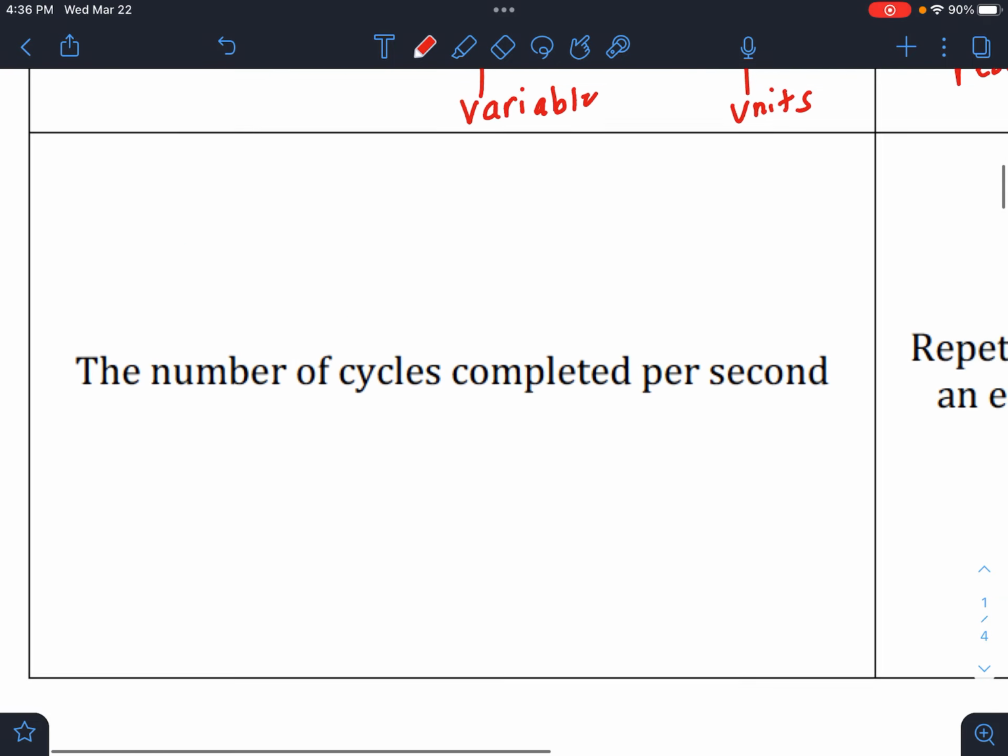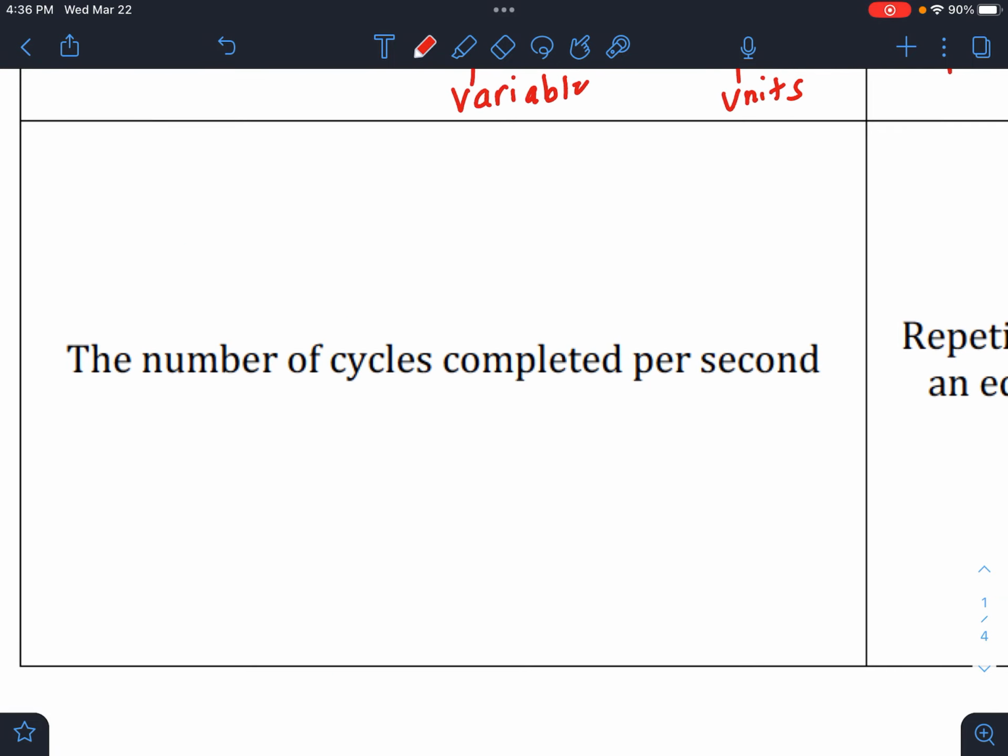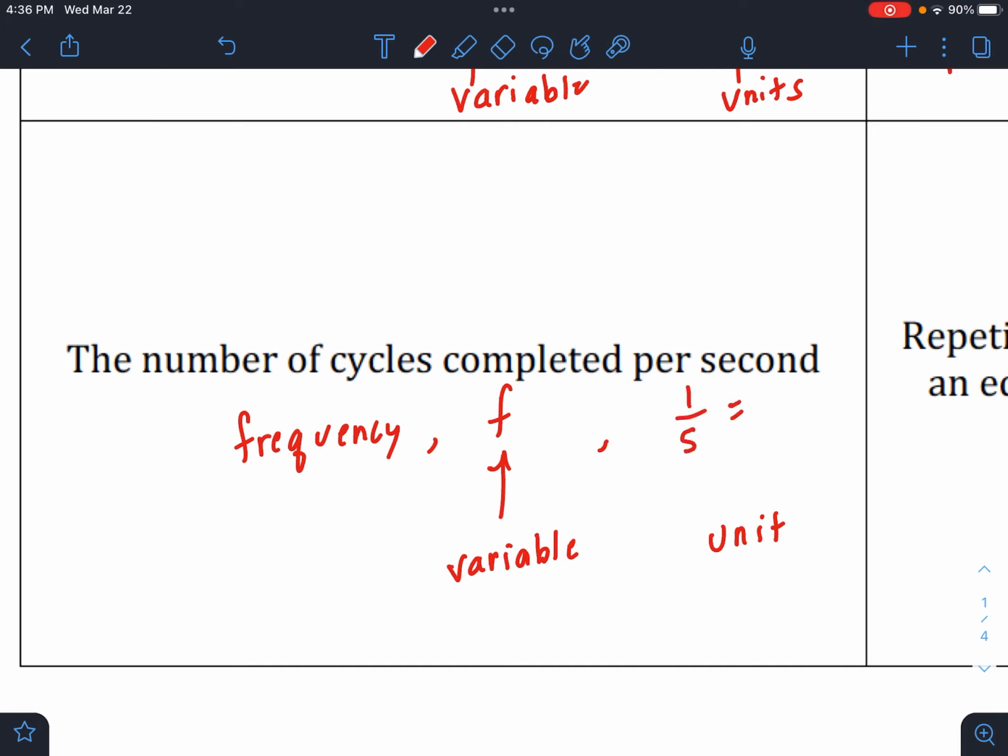Okay, let's keep going. The number of cycles completed per second. That also could be the number of rotations completed per second. That is called frequency. And the variable that we use for frequency is a lowercase f. And the units we use for frequency is 1 over seconds, because cycles isn't a unit, which is also called a hertz.